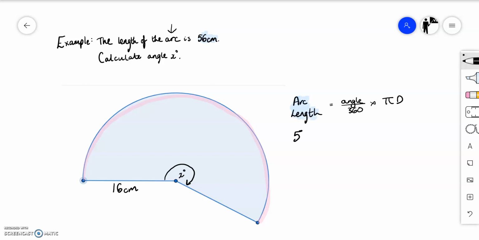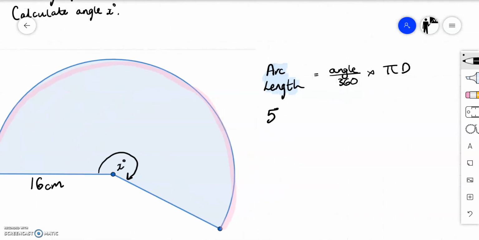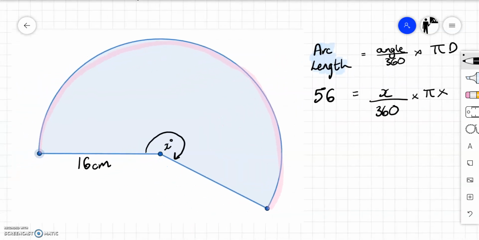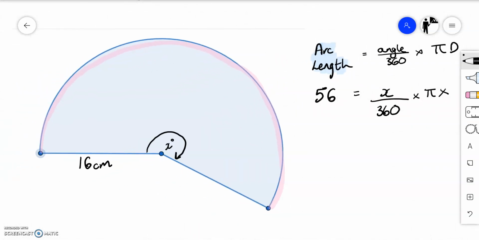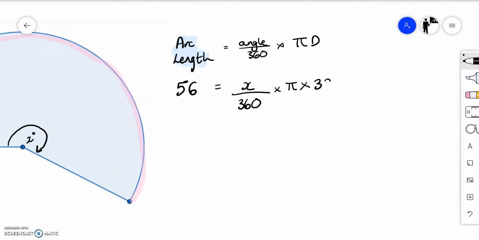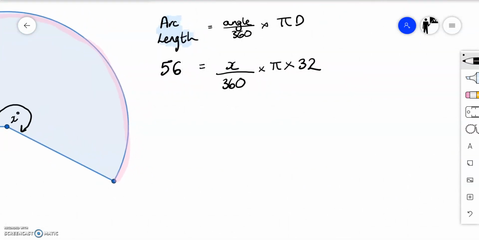So 56 is equal to the angle, which is x, over 360 multiplied by pi multiplied by the diameter. The diameter goes the full way across. So the diameter is going to be 32. Okay, we want to work out x.